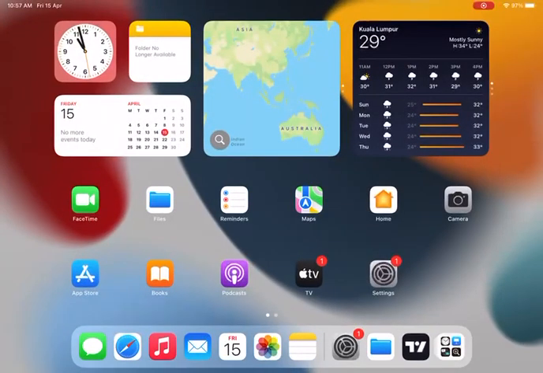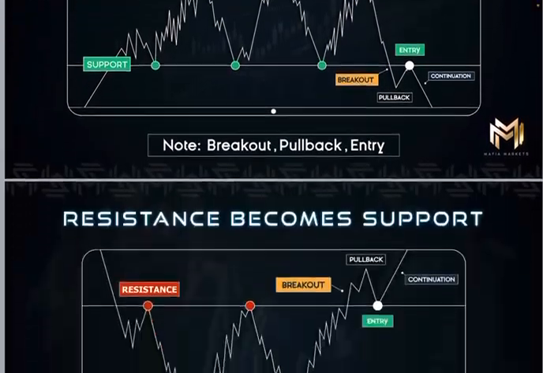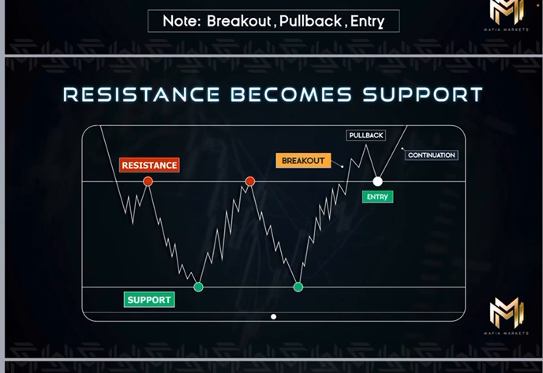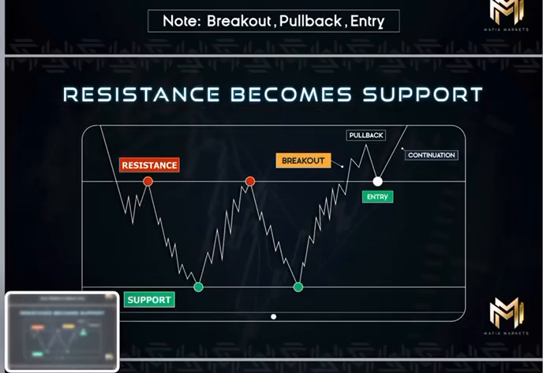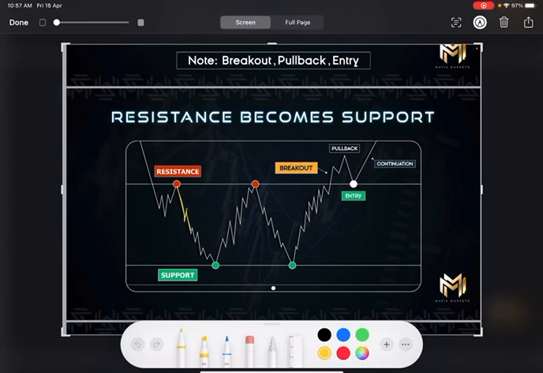Now, in other scenario, when you are looking at buy signal, you will be focusing on your resistance. When you look at the resistance, you will know that price travels from one point to another, eventually causing a break of the resistance.